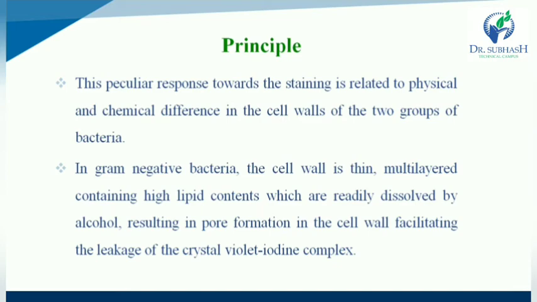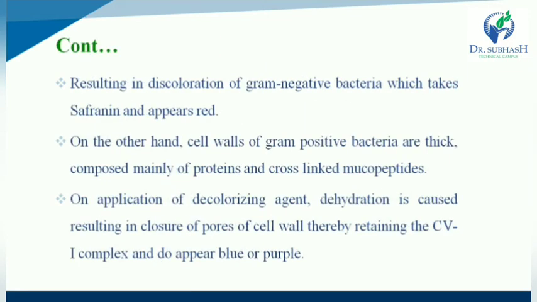Due to that reason, pore formation occurs in the cell wall, which facilitates leakage of the crystal violet iodine complex. This results in decolorization of gram negative bacteria, which then take up safranin and appear red.